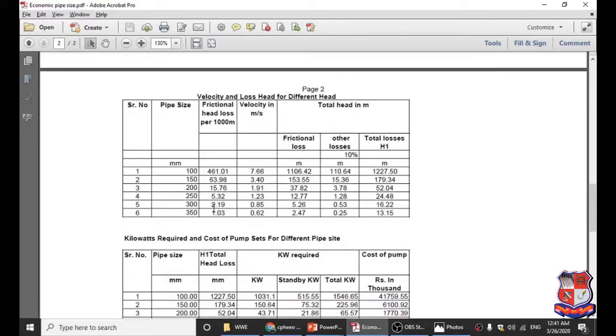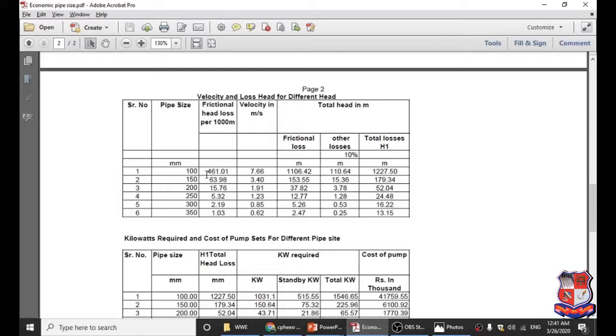So if we consider different diameters of pipe, the frictional losses, as we have calculated in the previous example, will be different, right? As we can see, frictional losses in meter per 1000 meter are different.